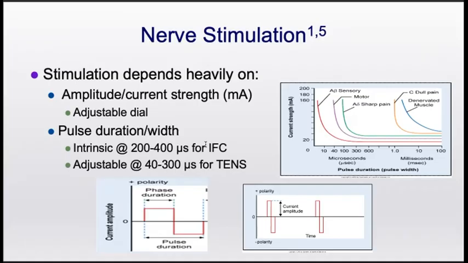The other variable that we look at is the pulse duration and width, which is adjustable for TENS, but it's not actually adjustable for interferential current or IFC. The pulse duration and width is intrinsic to the machine, and it's usually anywhere from 200 to 400 microseconds for IFC, whereas for TENS, it's adjustable, and it's anywhere from 40 to 300 microseconds.